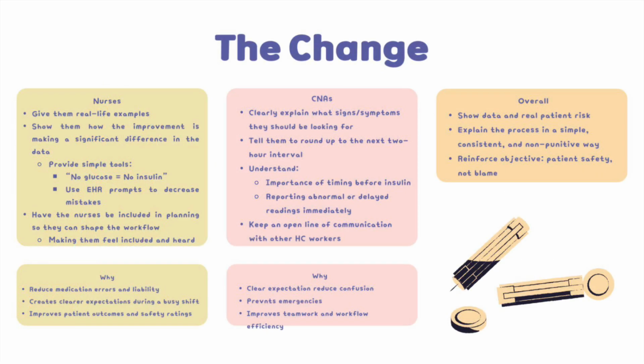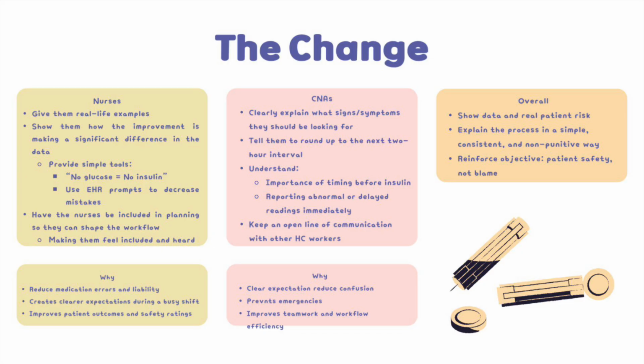To successfully implement this change, it's important to involve nurses directly. They will be given real-life examples to show how this error impacts patients and how this improvement makes a difference in actual data. Simple tools like the phrase no glucose equals no insulin will help reinforce expectations. Electronic health record prompts will also help reduce risk by providing reminders.